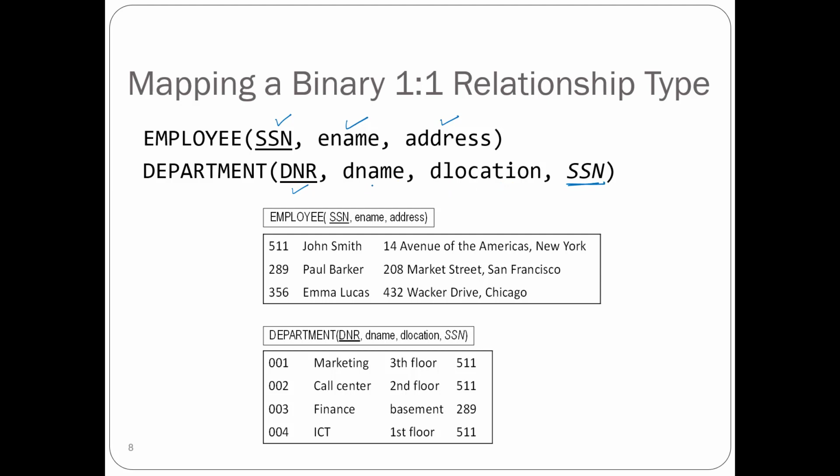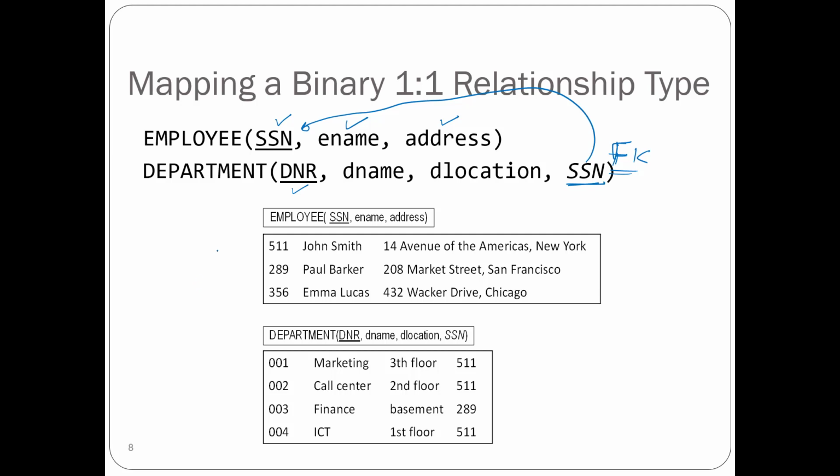These are the actual attributes of the department entity type, whereas this SSN that you have here is coming as the foreign key, the foreign key of the manager of the department, right? So the social security number in the department would correspond to the social security number of the manager of the department.